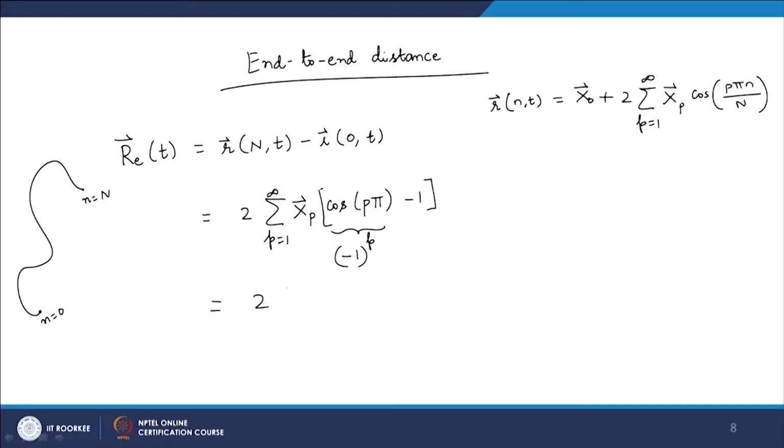So, this is going to be a sum over all the odd values of p of x_p, and actually it has to be multiplied by minus 2, which is minus 4 multiplied by the sum over odd values of x_p. Okay, that gives me the end to end distance vector.